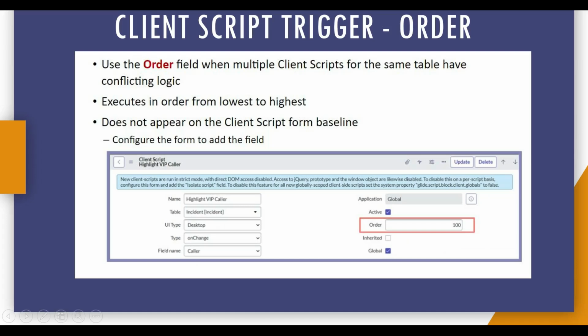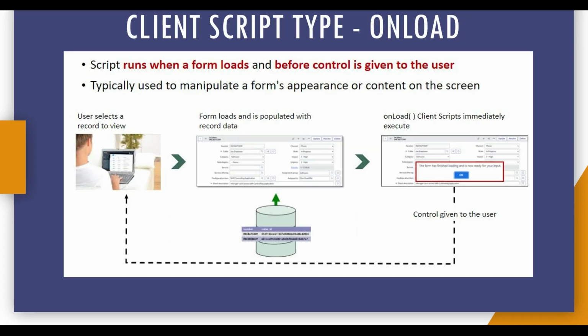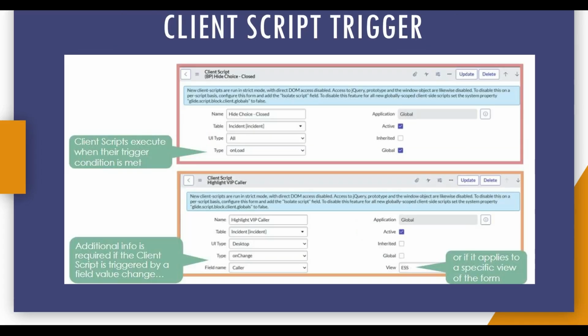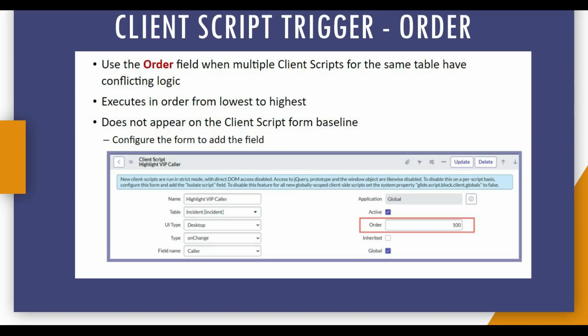And here we have order, so we can use the order when multiple client scripts are there on the same table. You can utilize the order field to execute in a certain order from lowest to highest. The order field is basically available for all client scripts.